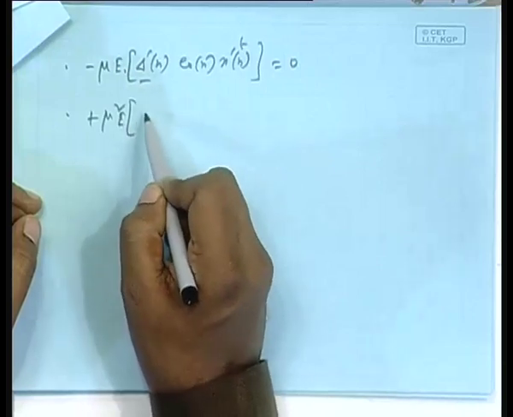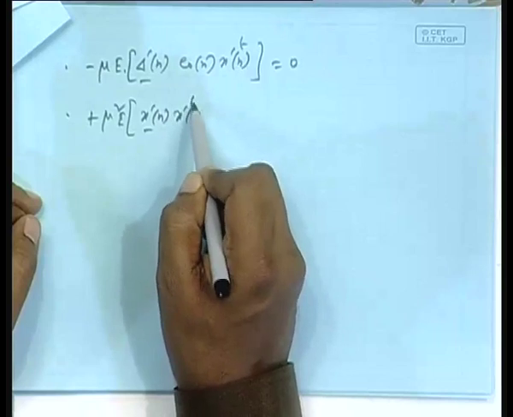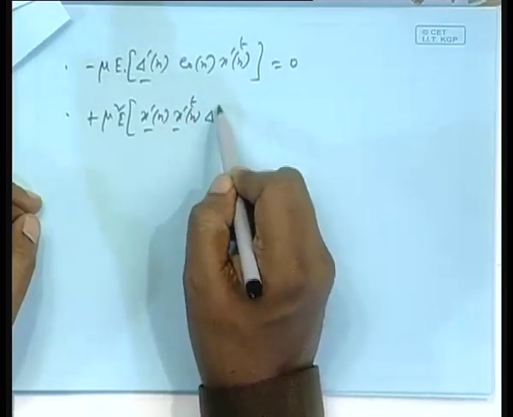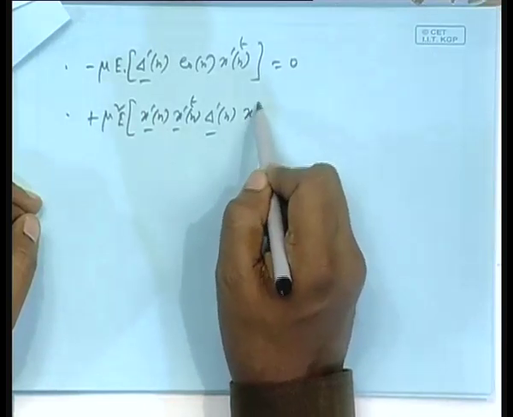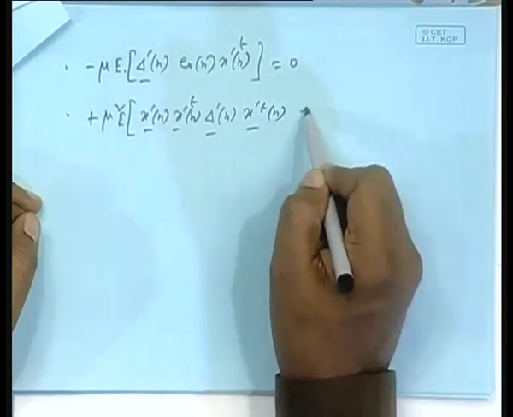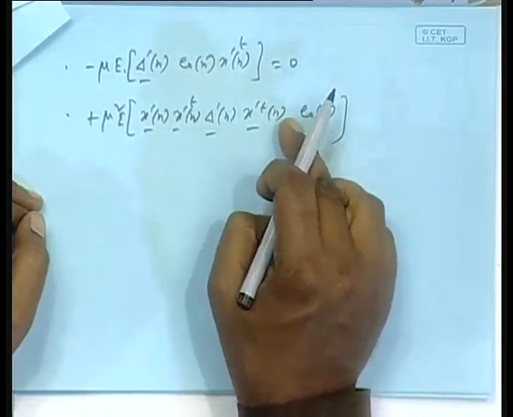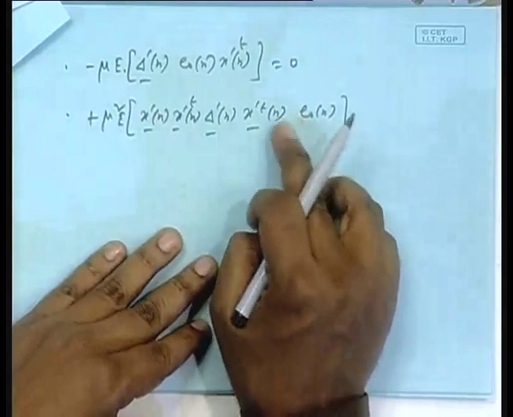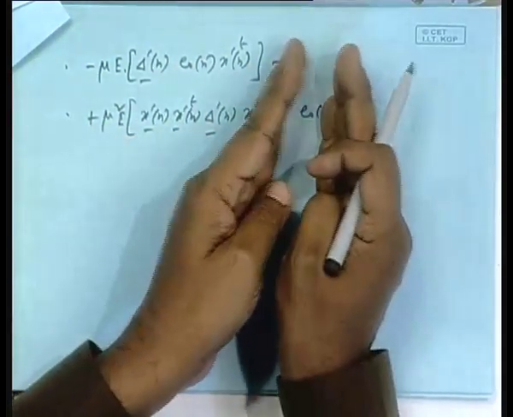E, but here you make use of the fact that this fellow is independent of the rest. So E over this will come out separately, which is 0.